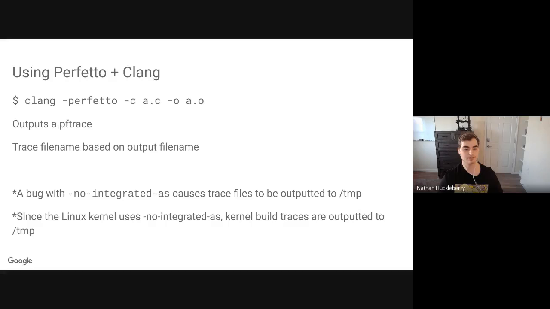There is currently a bug with this where if you have -no-integrated-as, it outputs to /tmp/a.pftrace or something similar to that. And since the Linux kernel uses this no-integrated-as everywhere, kernel build traces end up being outputted to /tmp. So that's just something to keep in mind if you want to build the kernel with a Perfetto instrumented Clang.